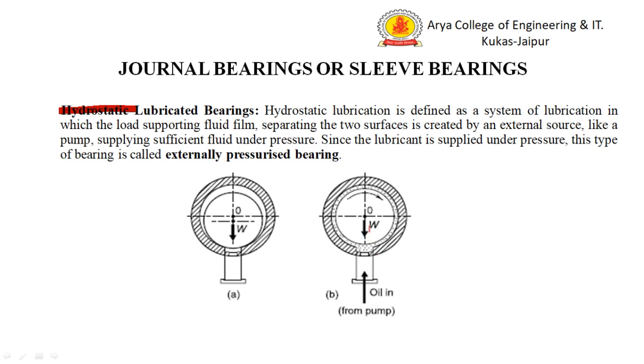As shown in the figure, the journal is pushed up by a pressurized lubricant supplied by an external source like a pump. This type of bearing is also known as an externally pressurized bearing. So this is all about the classification of bearings.